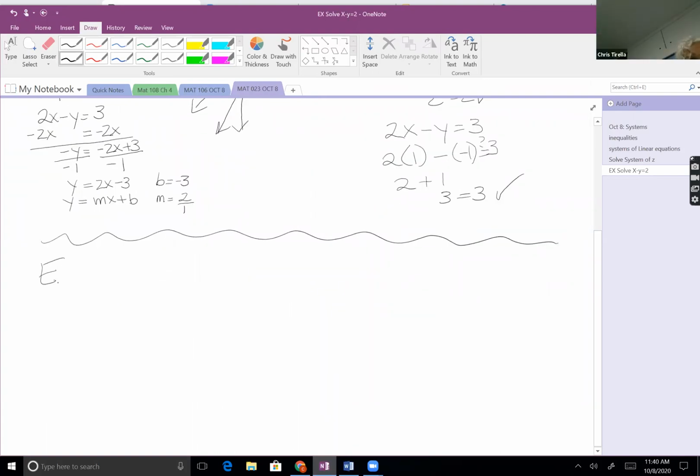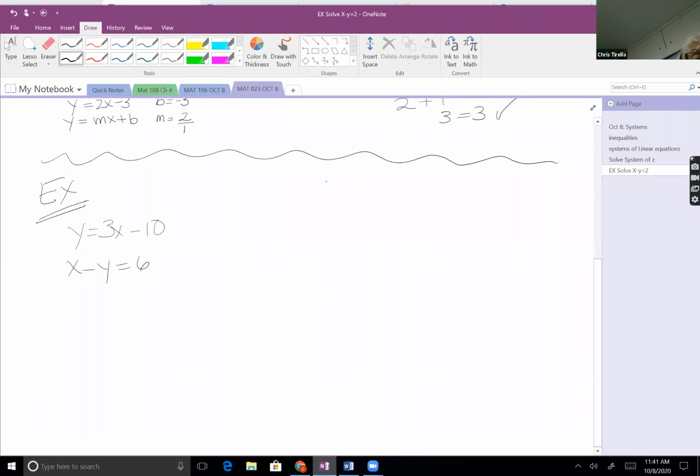Next example, let's look at y equals 3x minus 10 and x minus y equals 6. We're solving it graphically. And so I'm going to draw my set of axes. My first line is y equals 3x minus 10.